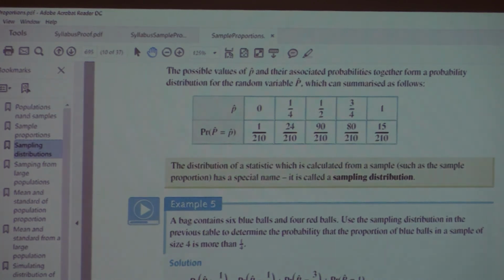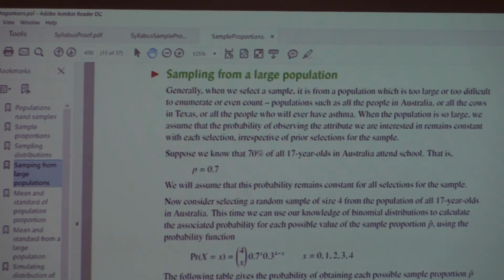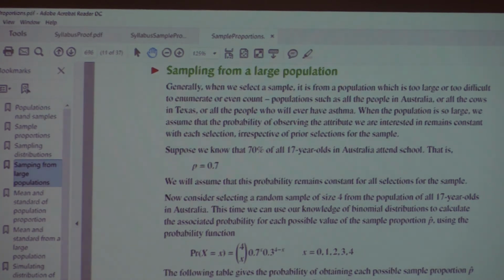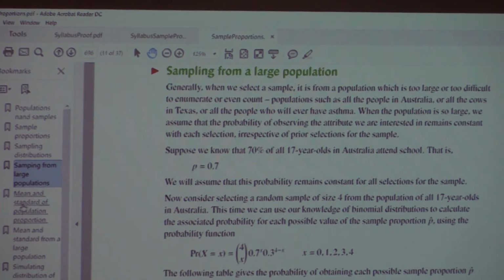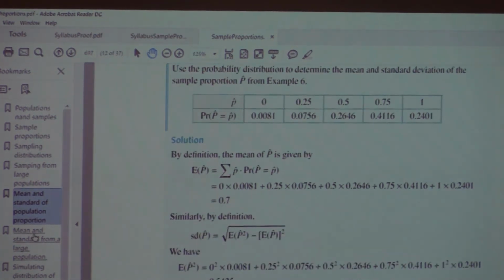It then looks at the distribution of the sample proportion, and it just uses basic probability to establish those probability distributions. Then it talks about how we can come up with those distributions for large sample sizes. It then starts to look at how we can find means and standard deviations of these distributions.